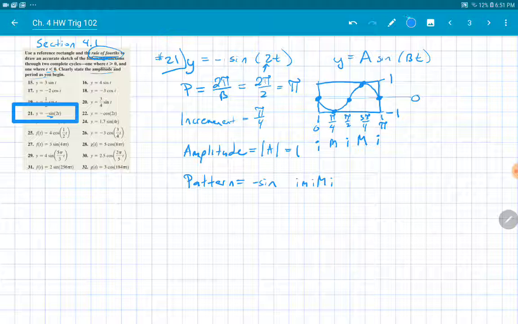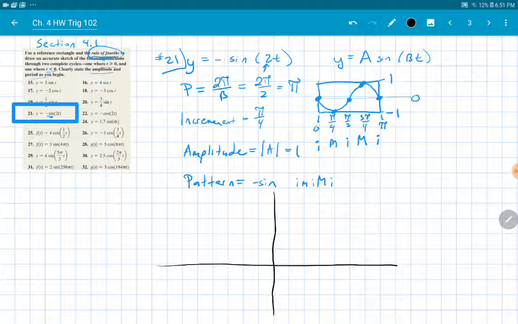All right, now time to graph that on a grid. I like to do 2 tick marks per fourth of the graph, and I want a period before and after 0, because remember they said to do 2 cycles, one before 0 and one after 0.